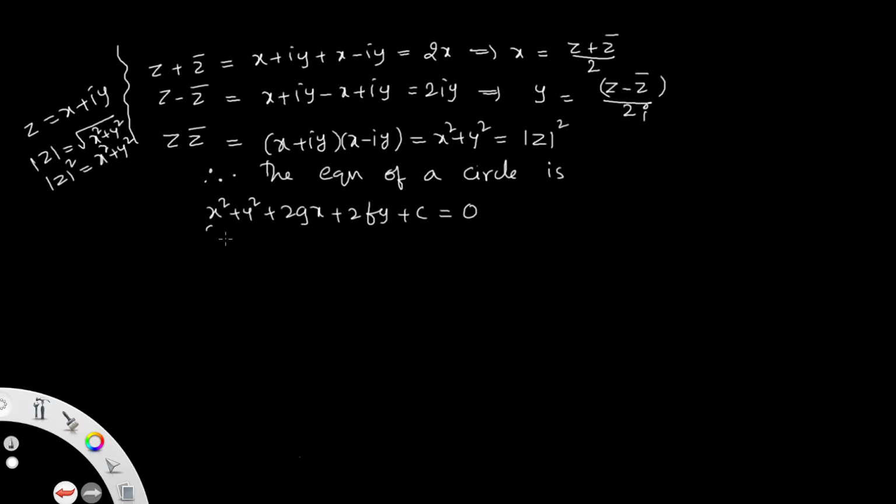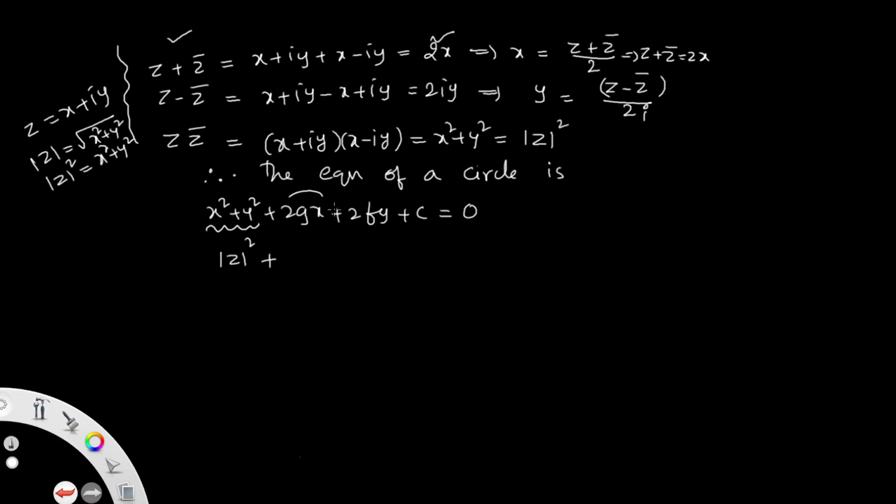So let's take z into z bar, whose value is mod z whole square. Next, 2gx: for 2x we already have z plus z bar equal to 2x.